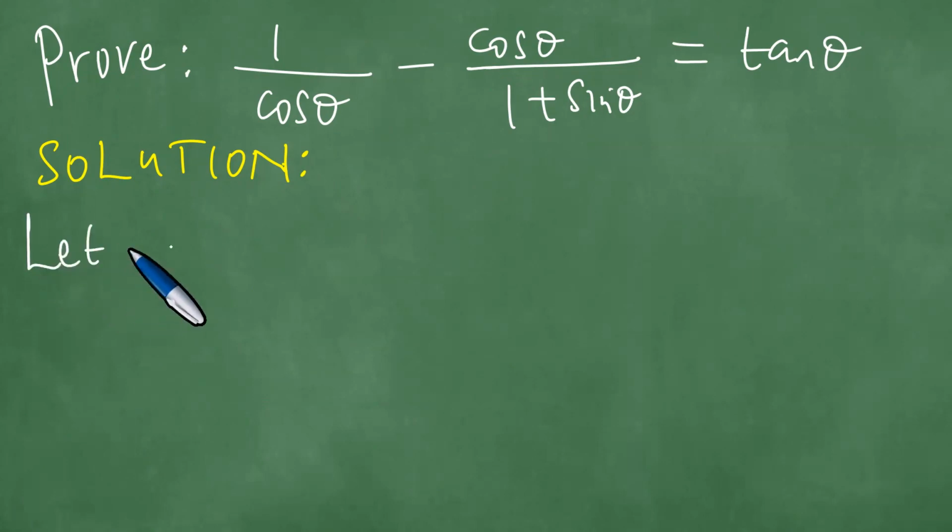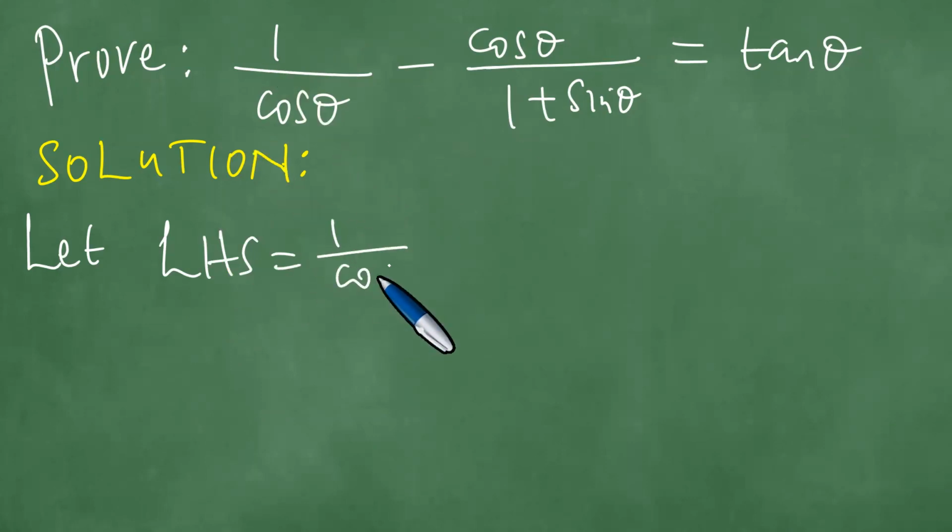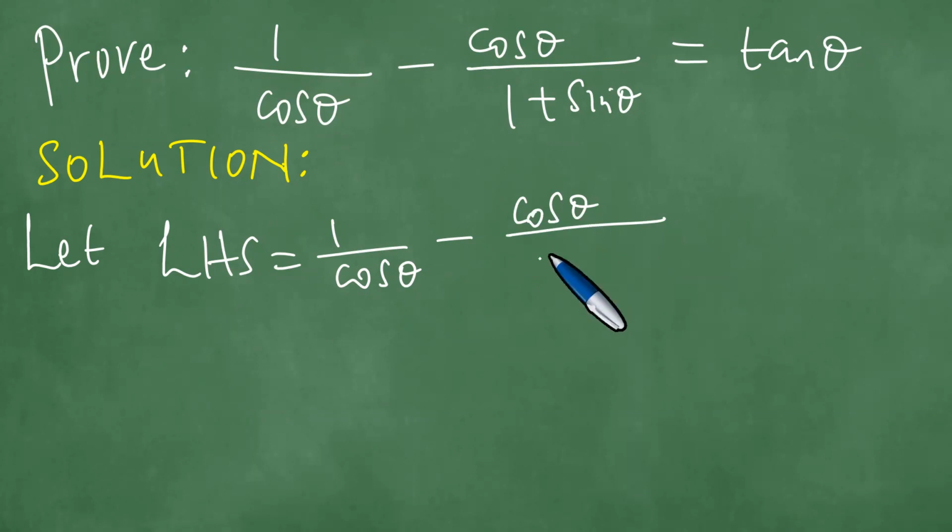So to prove this one, you take one side and produce the other. So we shall let the left-hand side be 1 over cosine theta minus cosine theta over 1 plus sine theta.